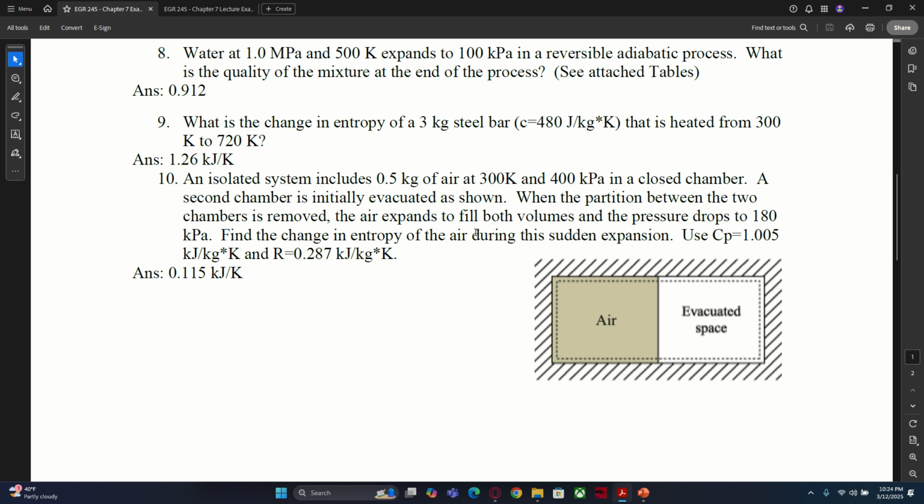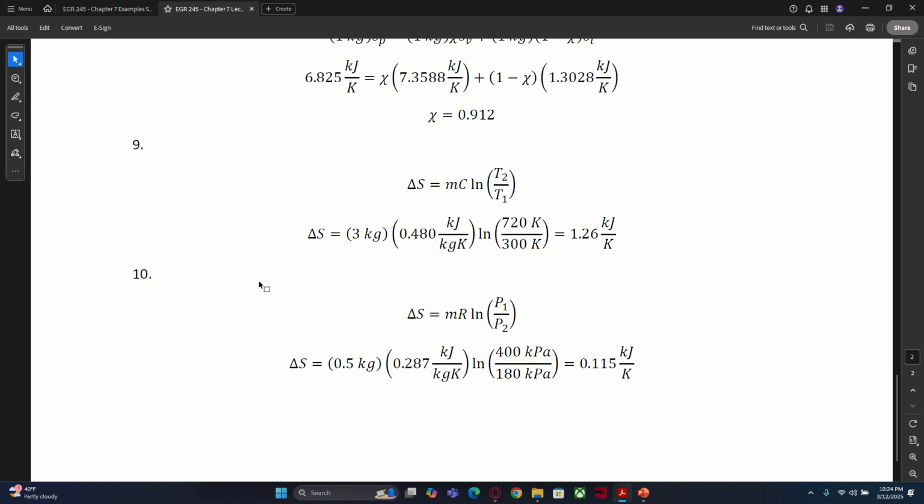Find the change in entropy of the air during this sudden expansion, and necessary isobaric heat capacity C_P is 1.005 kilojoules per kilogram Kelvin for air, and the gas constant is R equals 0.287 kilojoules per kilogram Kelvin. Well, during this transition, the change in entropy can be set equal to the mass times our gas constant times the natural log of our initial pressure over our final pressure, P1 over P2.